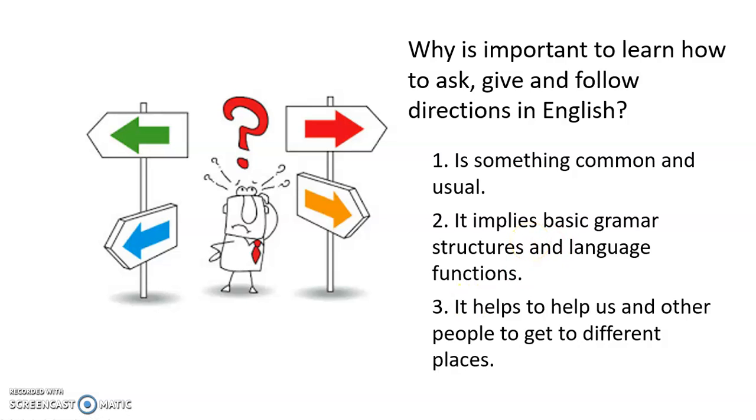Yes, giving, following, and asking for directions implies a lot of grammar use and language structure, so you need to learn in order to ask or provide correct instructions. And number 3, it is a way to help us, and by helping us, we can help other people when they or we want to get to a different place.